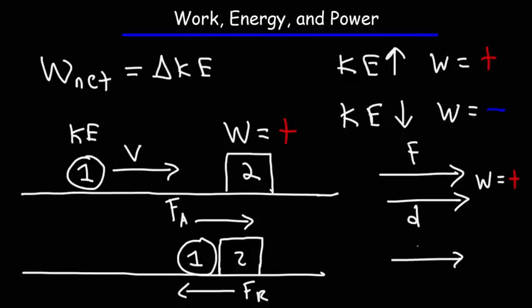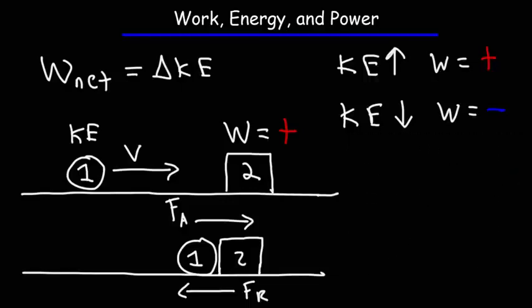Now, if the force and the displacement vectors are going in opposite directions, let's say 180 degrees from each other, then the work done is negative. Cosine of 180 is -1. When they're going in the same direction, the angle between them is 0. Cosine of 0 is 1.